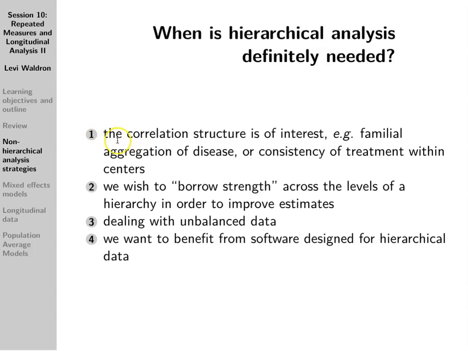One is when the correlation structure is of interest, such as familial aggregation of disease or consistency of a treatment within centers. The second is if we wish to, quote, borrow strength across the levels of a hierarchy in order to improve estimates.